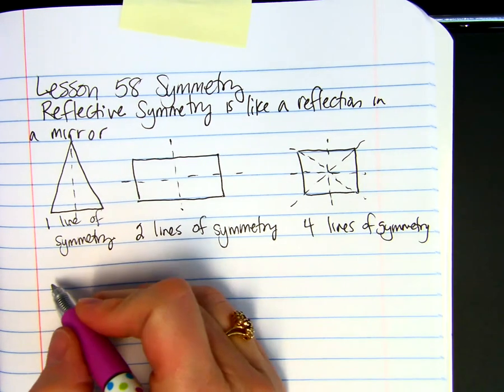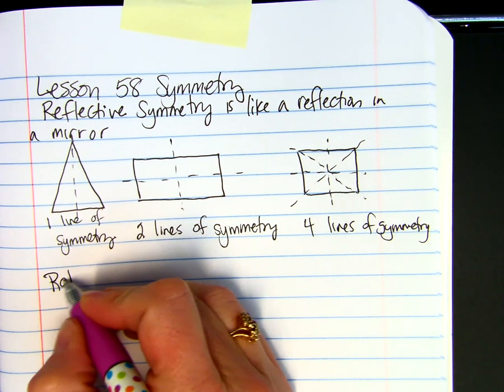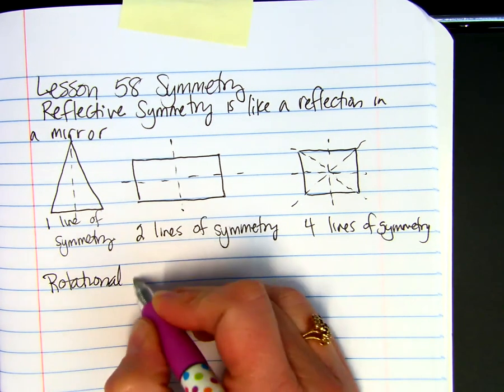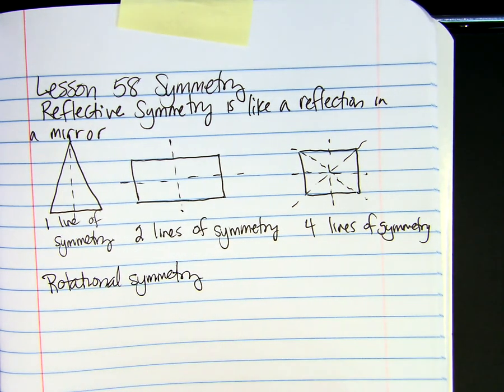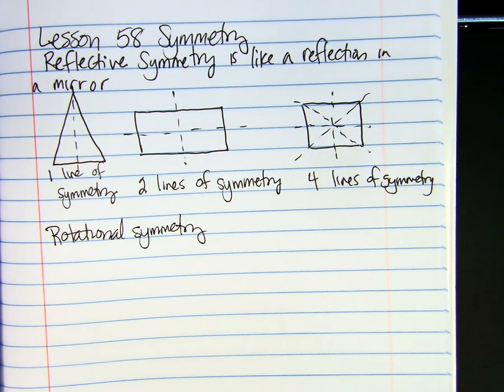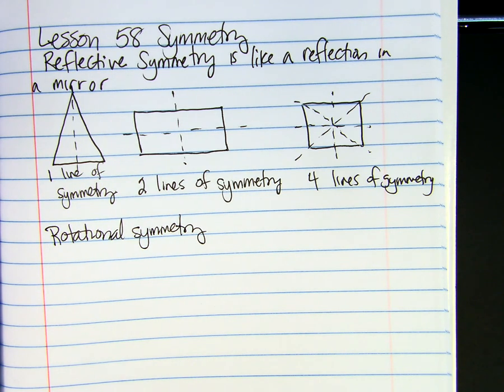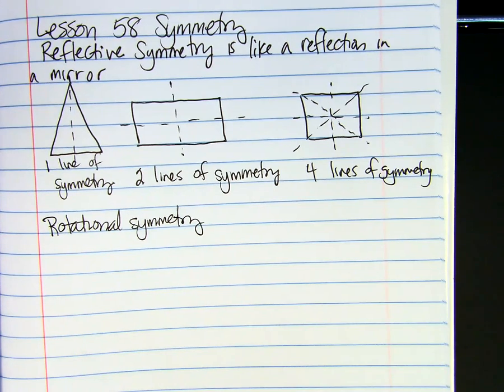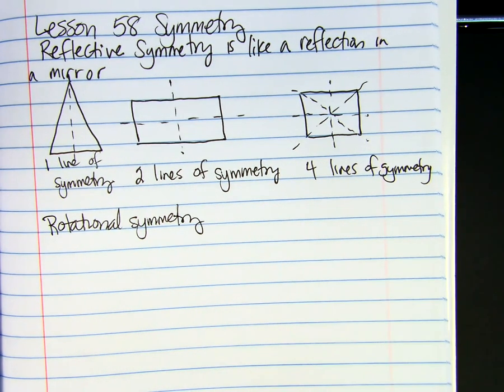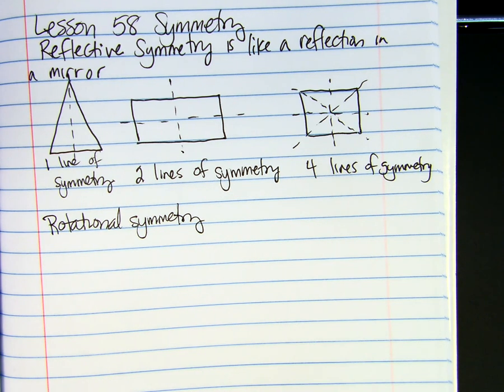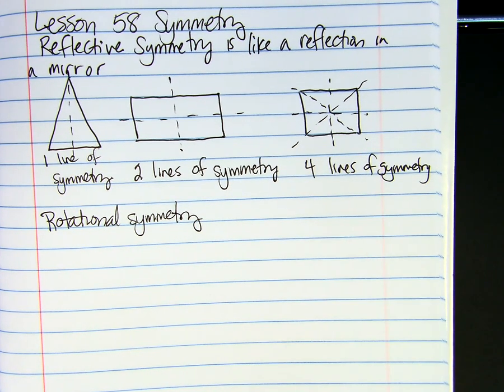Then we have what's called rotational symmetry. That's where you can rotate the figure around, like counterclockwise. And as you rotate it, if you see the original figure again during the rotation, then it will have rotational symmetry.